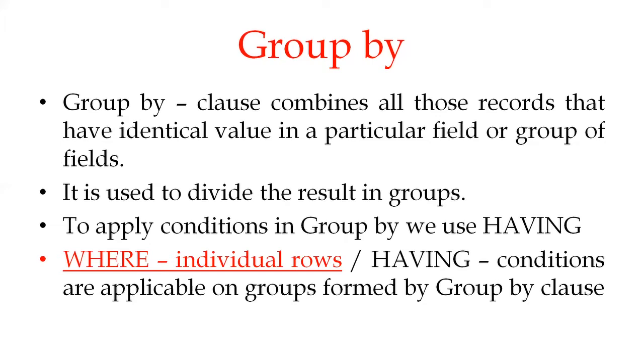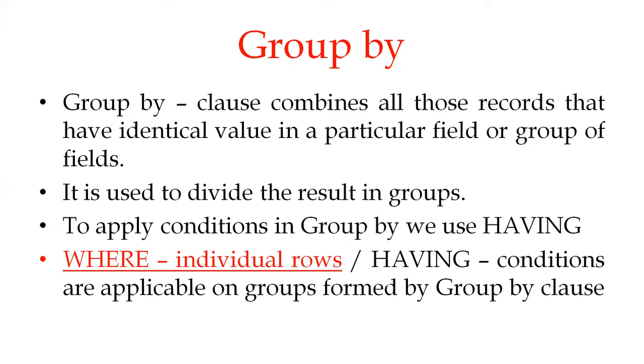To apply conditions in group by, we are supposed to use having. All right. In order to apply a condition there, we are not supposed to use the where condition in group by; to apply a condition, I have to use having. Where is meant for individual rows.